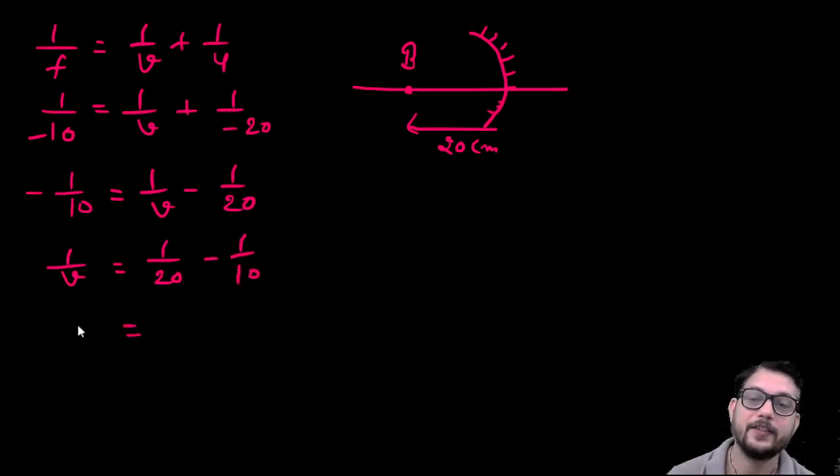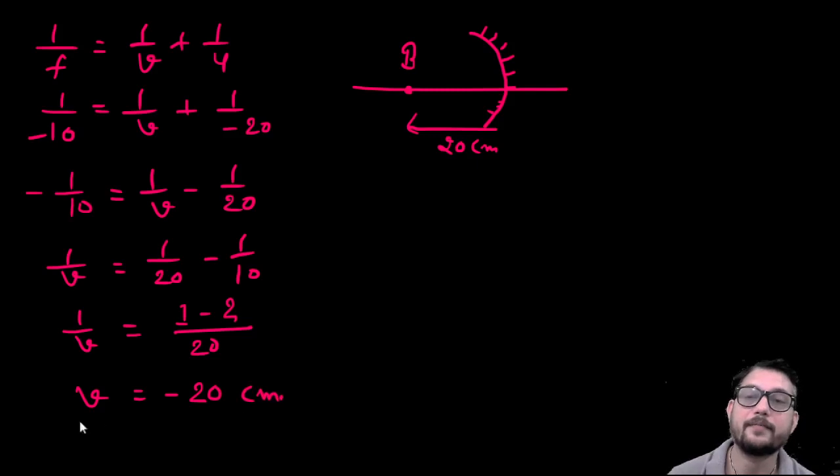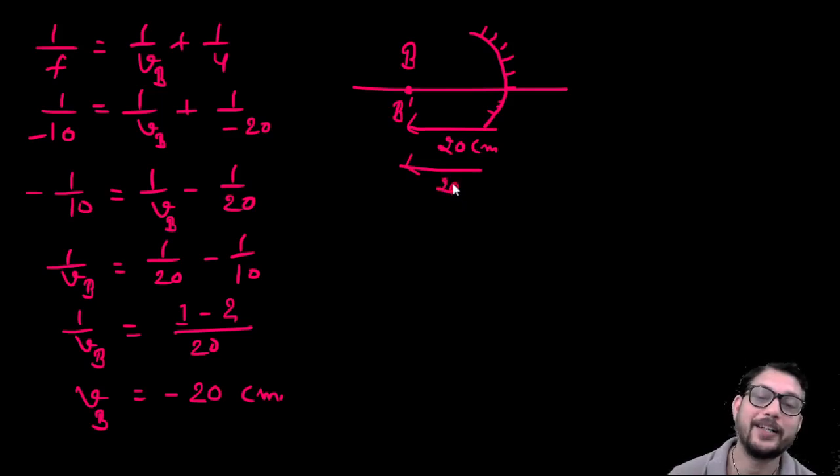If we take LCM 20, it will be 1 minus 2, so 1 by v gives v equals minus 20 centimeter for point B. So B is the point of the object, and we get the image of point B, B dash, which is also at 20 centimeter.